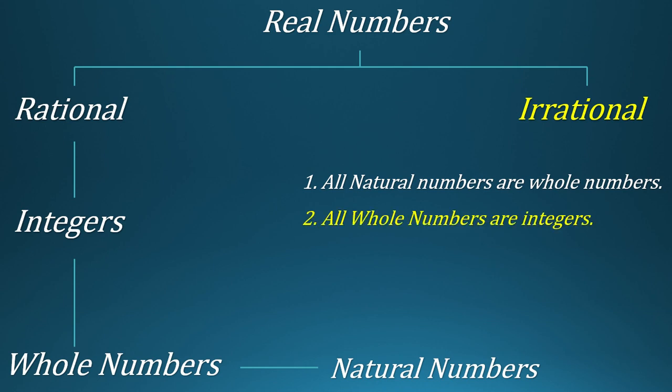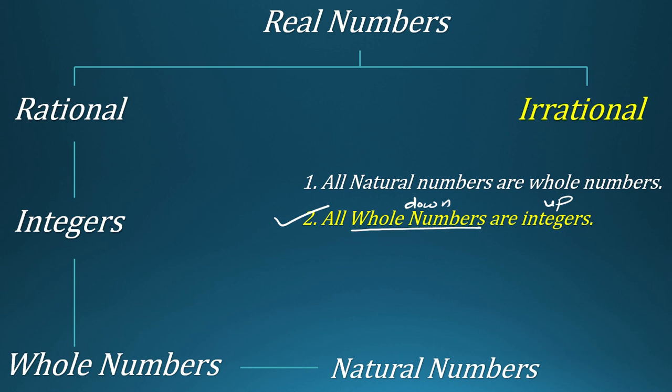Now, second one, all whole numbers are integers. Now you see, I have taken one category as whole number, which is down to integers. Integer is up. So this statement should also be correct. Or otherwise also, whatever whole number you can take, that will also be an integer.